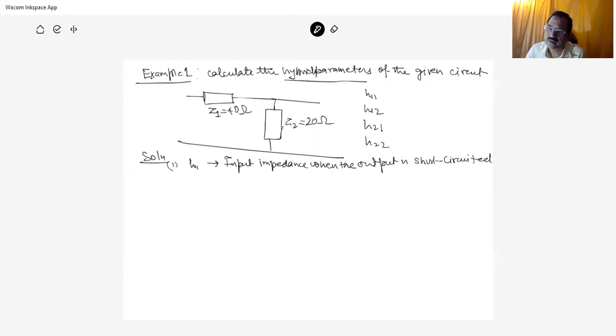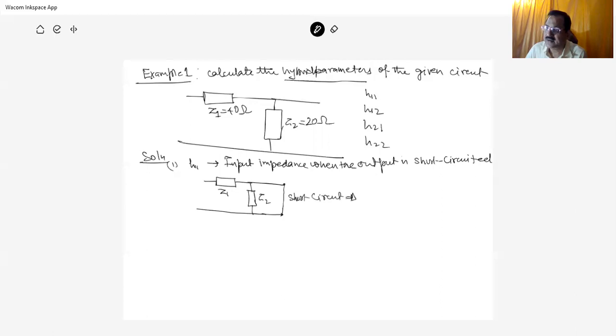Let us make it. Suppose this is Z1, here it is Z2, and this is the terminal, and this terminal is short circuited.